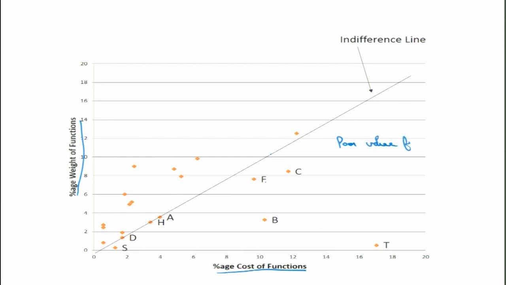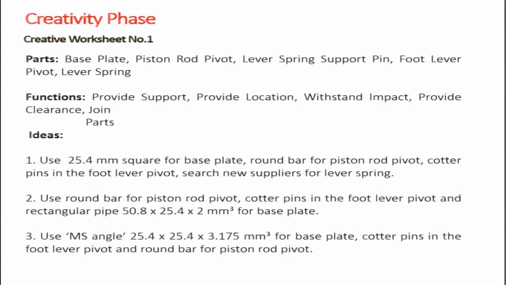Indifference is where the value is exactly 1; less than or greater than 1 would be on the lower side and more than 1 would be on the upper side. So this is one of the ways to see the functions.